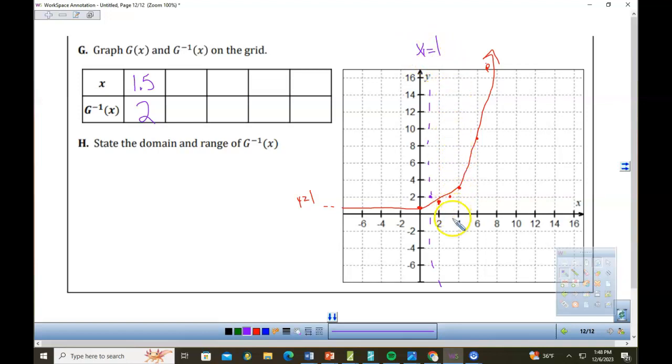So we also are going to have the points (2, 3), (3, 4), (9, 6), (17, 7).